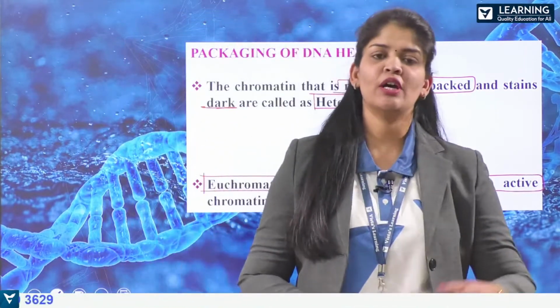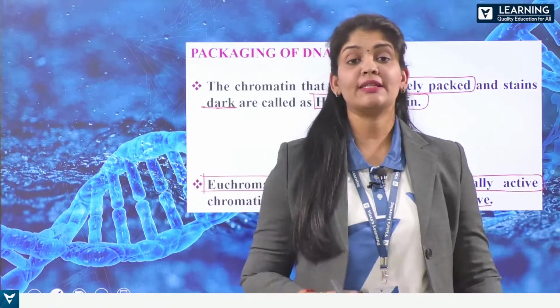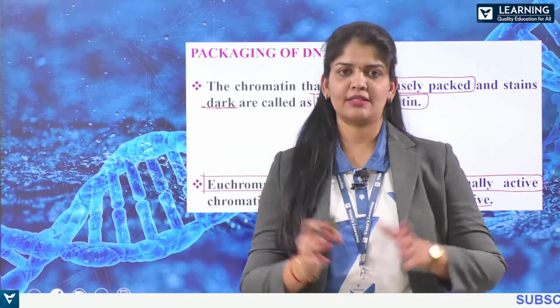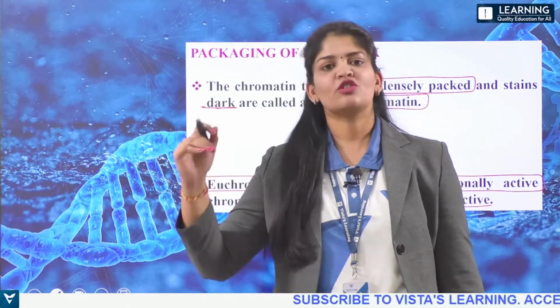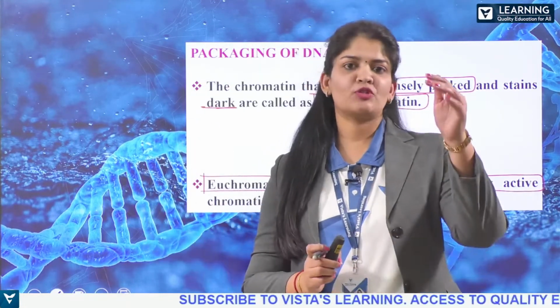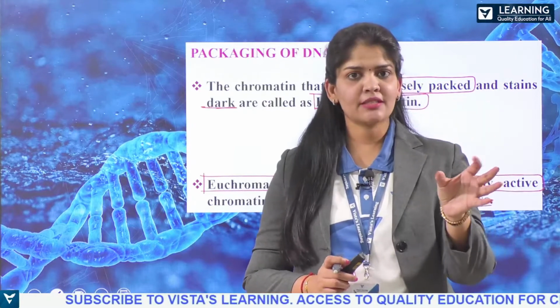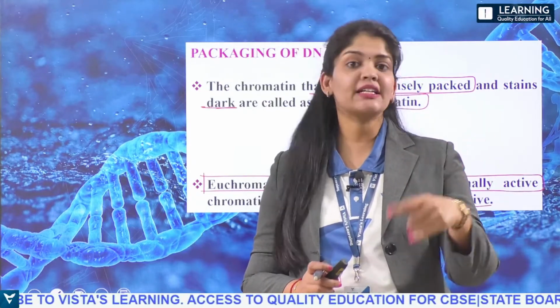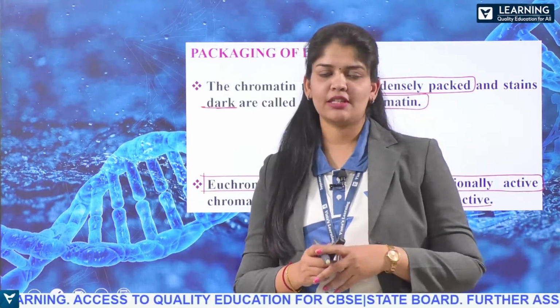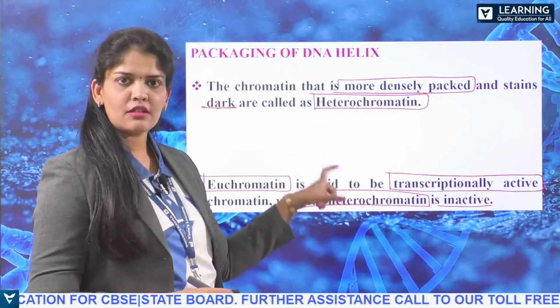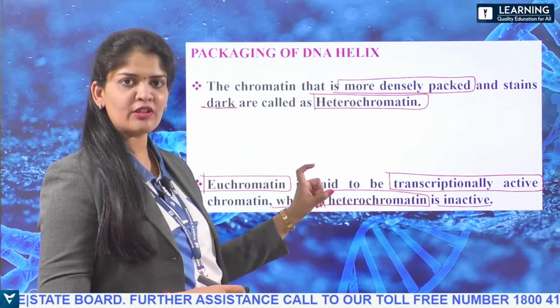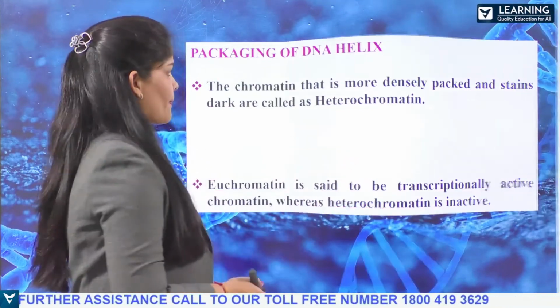So euchromatin is loosely packed, lightly stained, transcriptionally active. Coming to the heterochromatin, densely packed, darkly stained, and transcriptionally inactive. Those are the different regions which we do find in the nucleus.